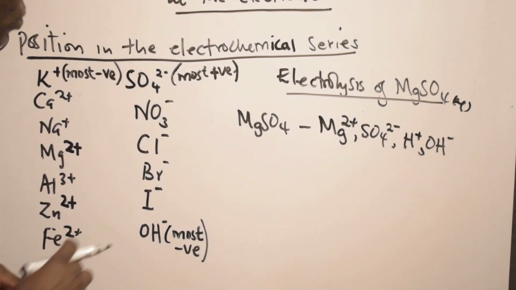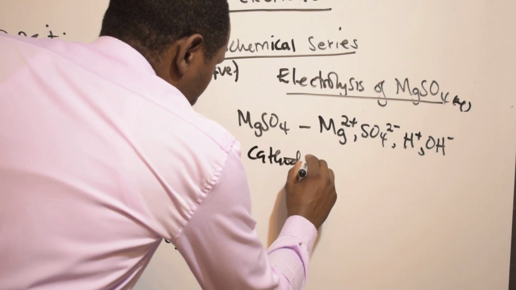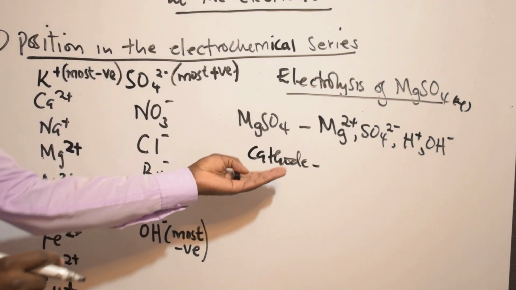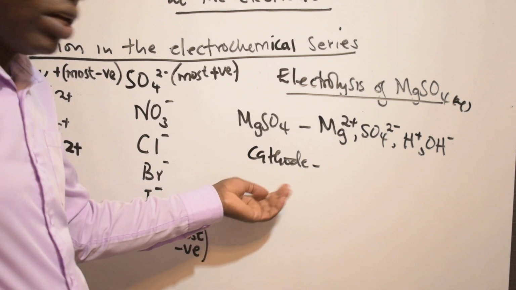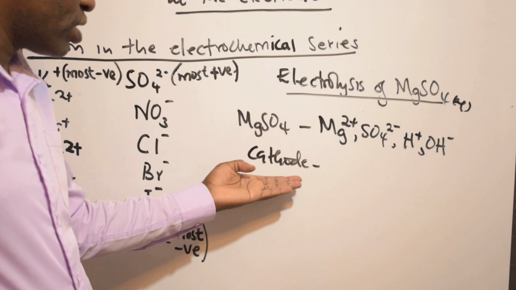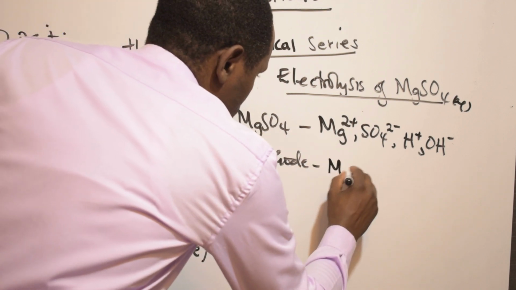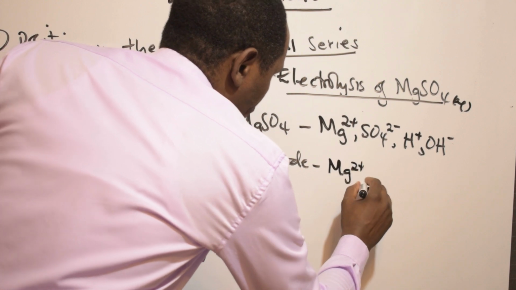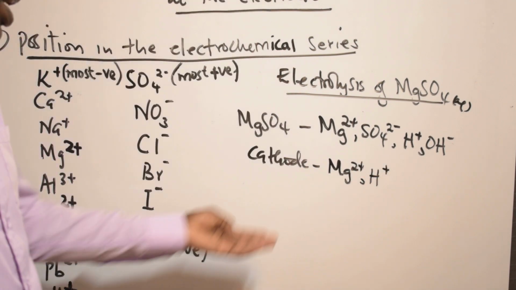Now, let's think here. Which of these ions will be attracted to the cathode? I say that the cathode is connected to the negative supply of the battery, and therefore it is going to attract the positive ions. That means my positive ions, magnesium ions and hydrogen ions, will be attracted to the cathode.